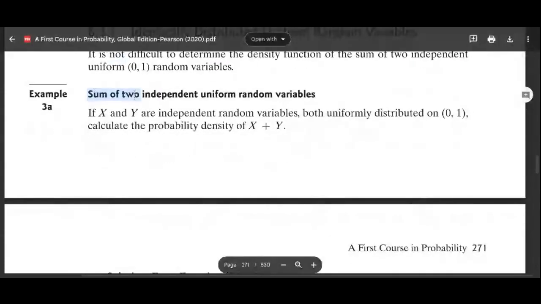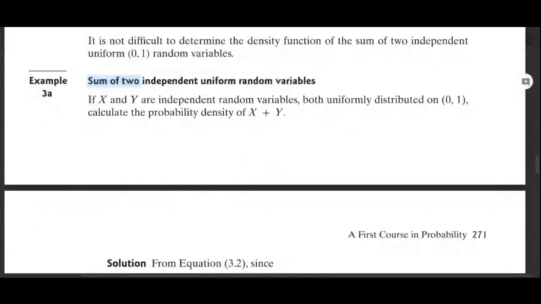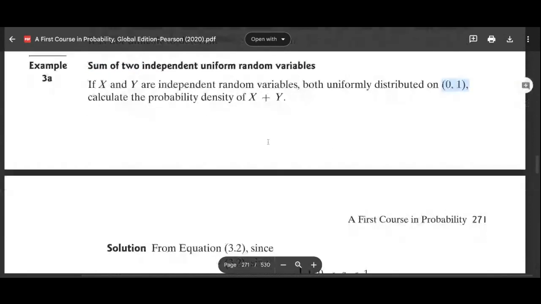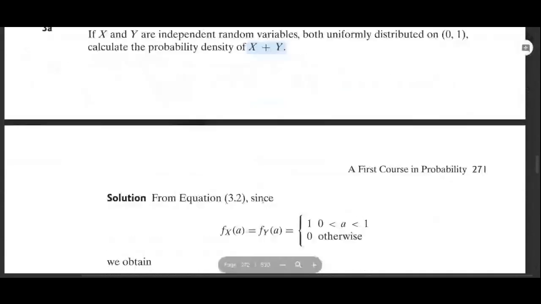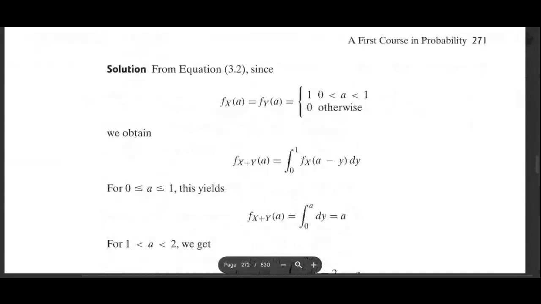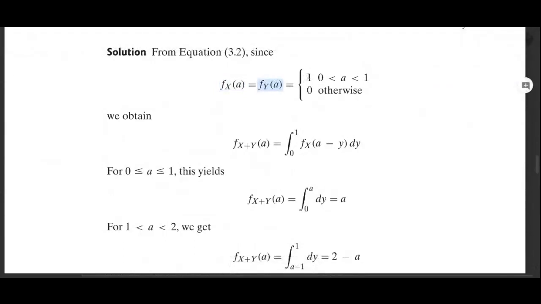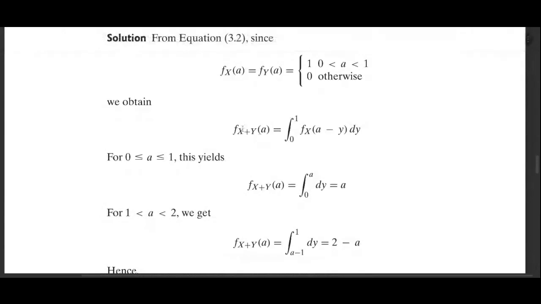So that's the sum of two independent uniform random variables, X and Y, from 0 to 1. We want to calculate the probability density function for X plus Y. Both fX and fY are uniformly distributed, so we can calculate.